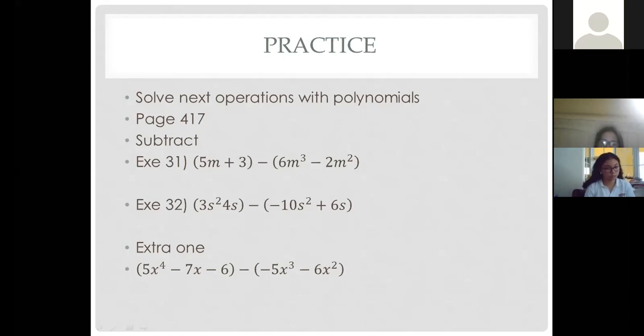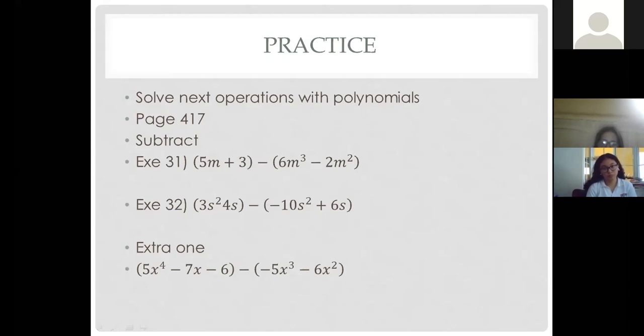These ones are about subtraction. So if you remember, the first thing we should do in subtraction is, let me see where it is. There it is. You know what? This is not working. Okay, now it's working. Sorry. So the thing is here we need to eliminate those parentheses.